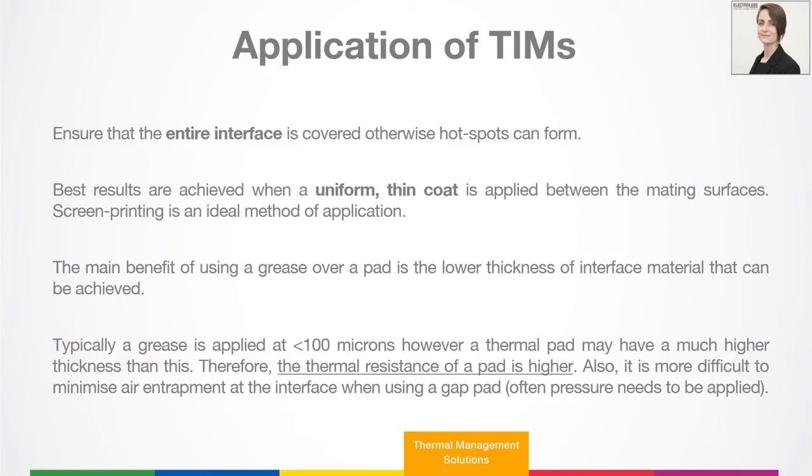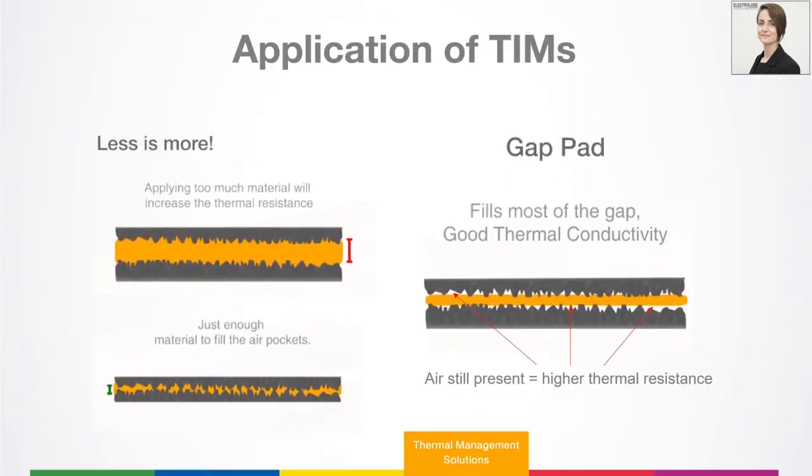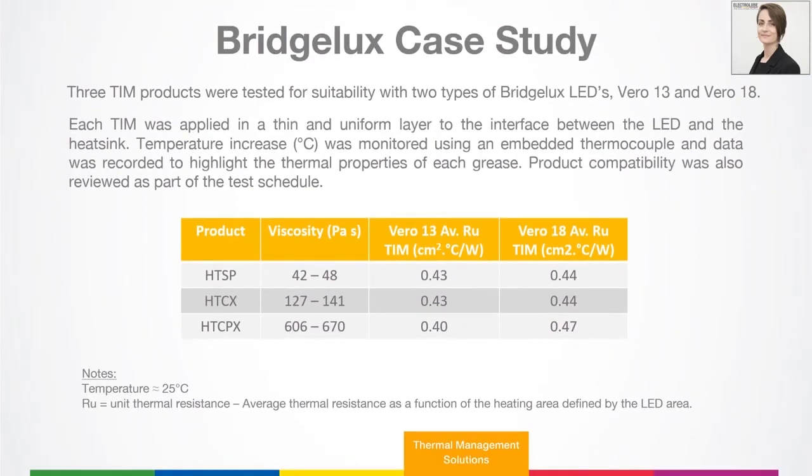So it's always important to test using the application method you wish to use in final production. Again, less is more. Don't apply too much of the thermal interface material because that is the least thermally conductive material when you compare the metal heatsink and the thermal interface material. You need just enough to fill all the air pockets and get rid of the air. An example of that is given in our Bridgelux case study here.